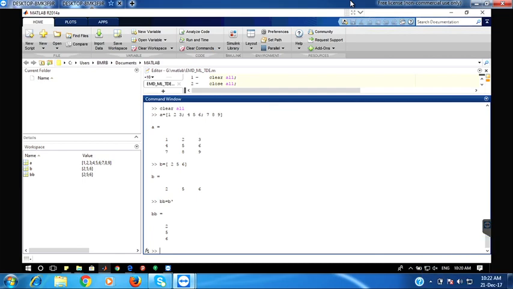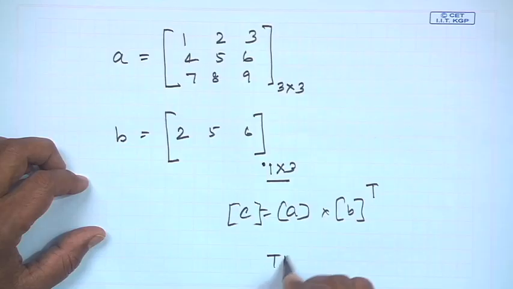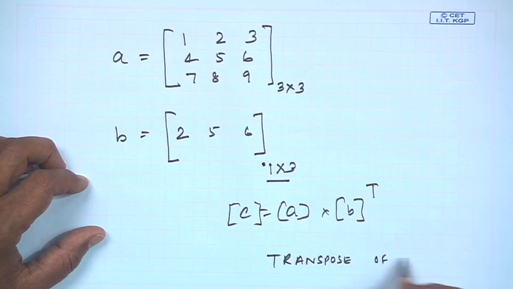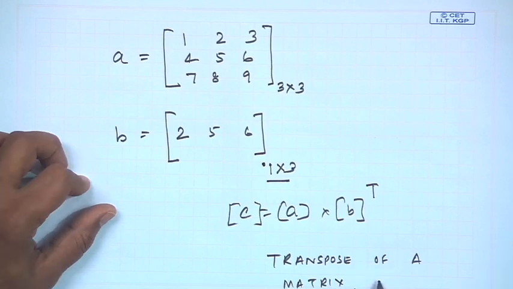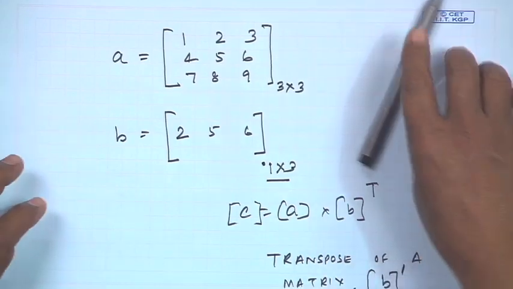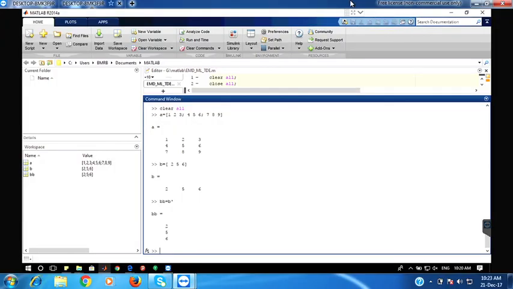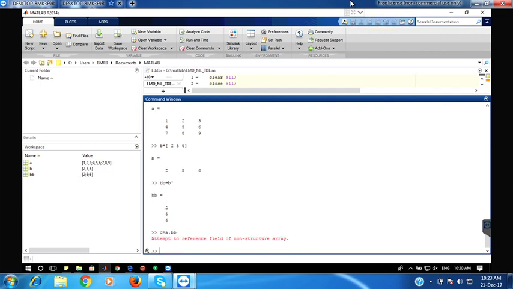In matrix multiplication, the transpose of a matrix is given by the command B with this sign here. So I have got BB as B transpose. Now I can multiply. Sorry, I have to give the command C is equal to A star BB.